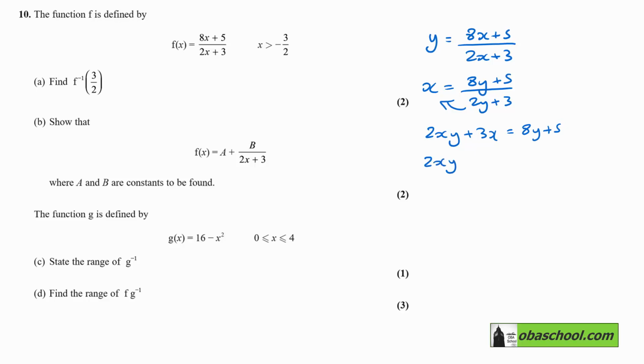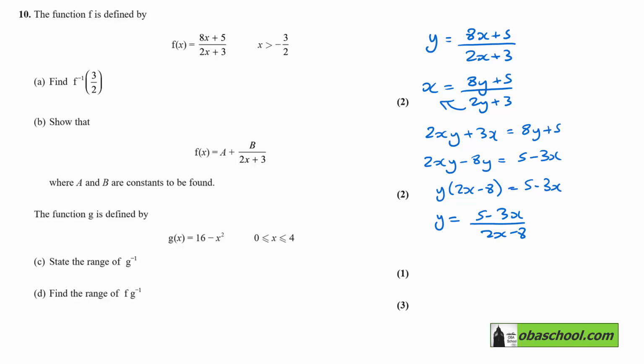So 2xy minus 8y is equal to 5 take away 3x. So y times (2x take away 8) is 5 minus 3x, giving us y is (5 minus 3x) over (2x take away 8). And now we have the inverse function.